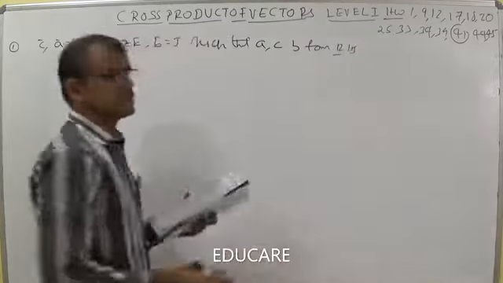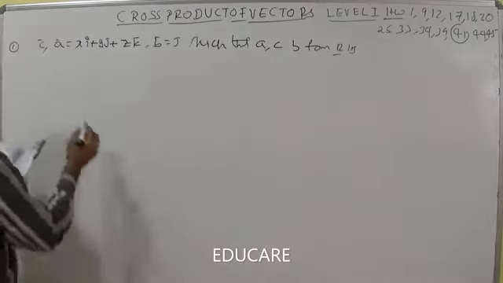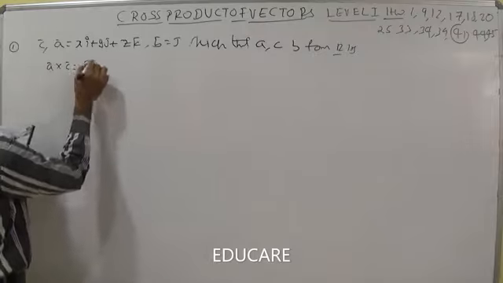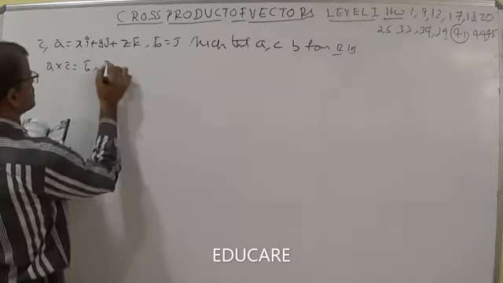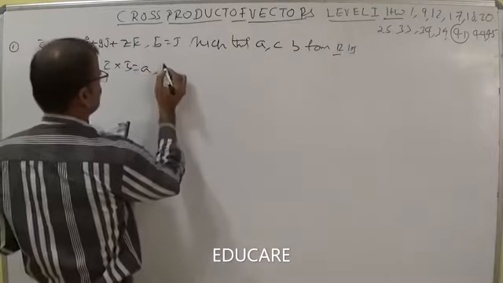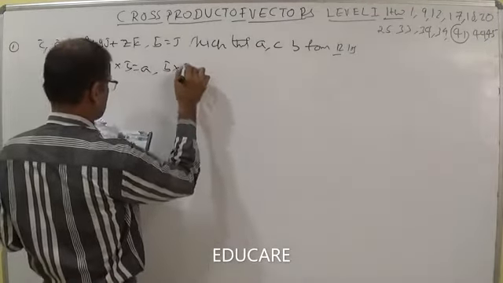So A cross C is equal to B according to this, and C cross B is equal to A, and B cross A is equal to C.